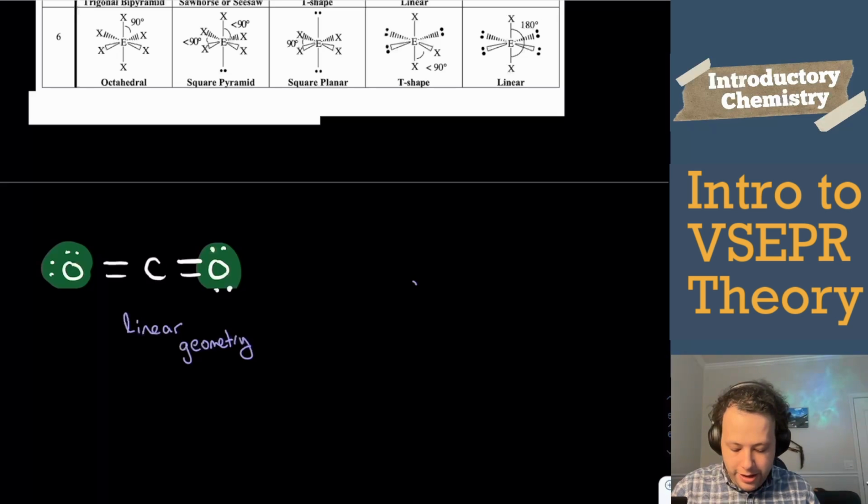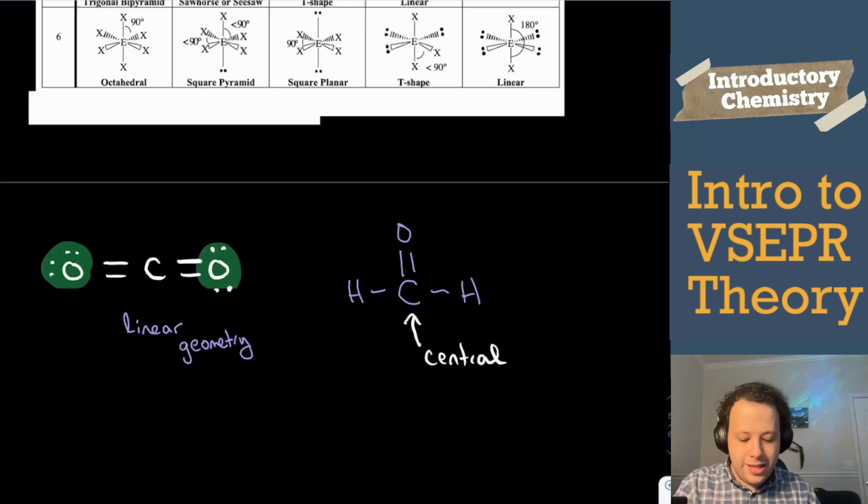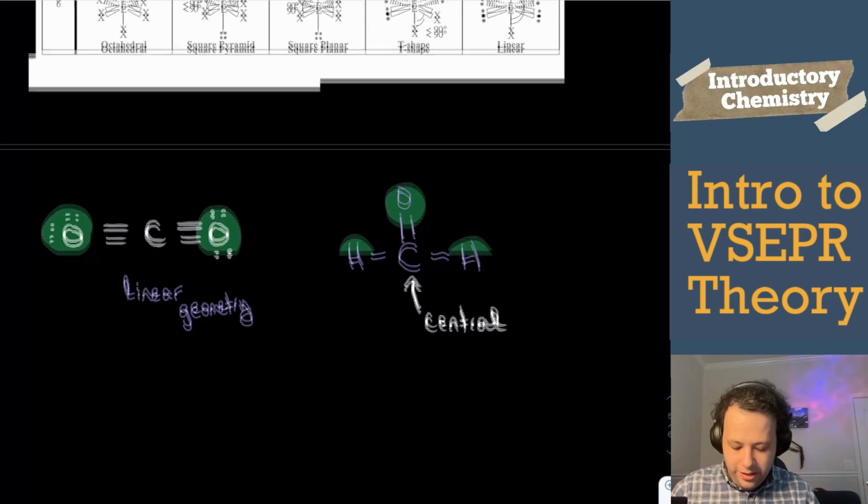So let's try a different one. What if I had CO with 2 H's on it? Once again, we're looking at carbon as our central atom, and then we're going to be counting the different groups. So we have 1, 2, and 3 here.